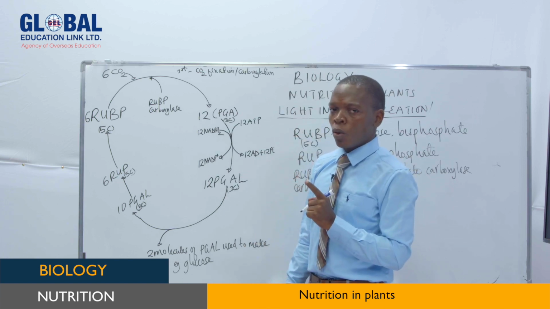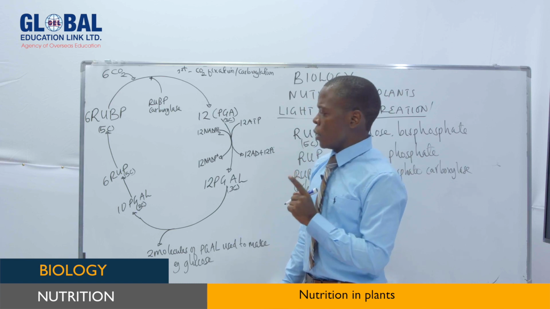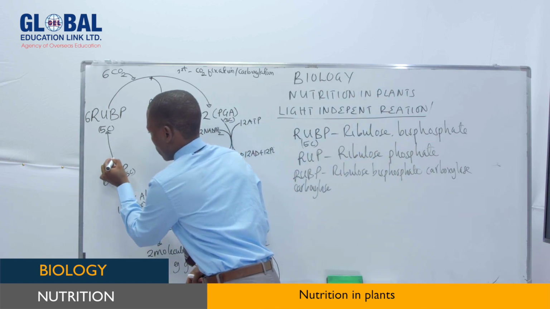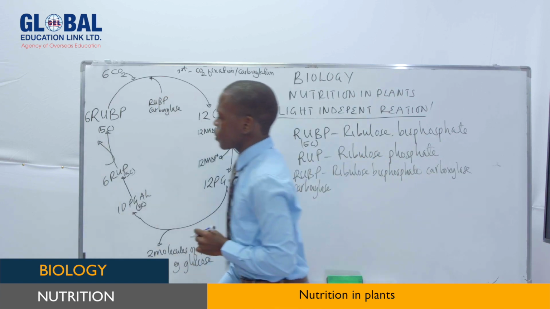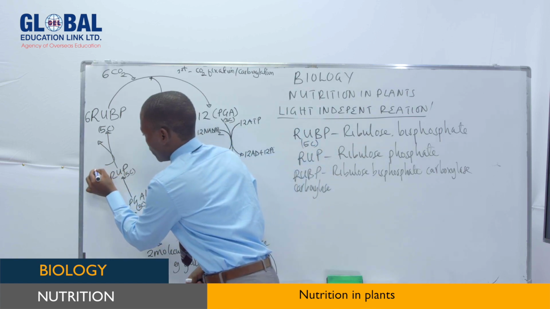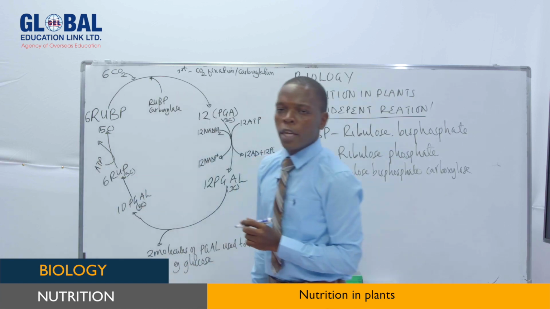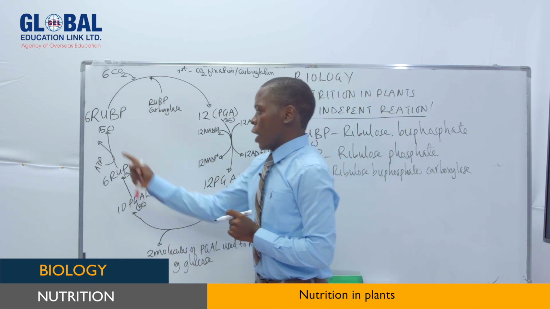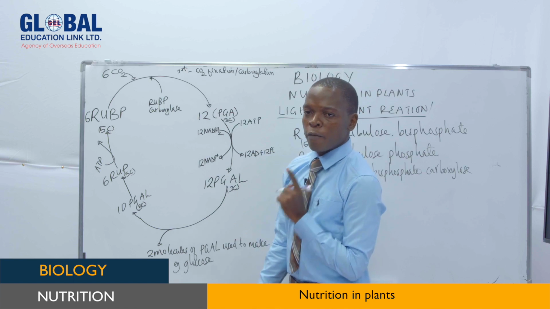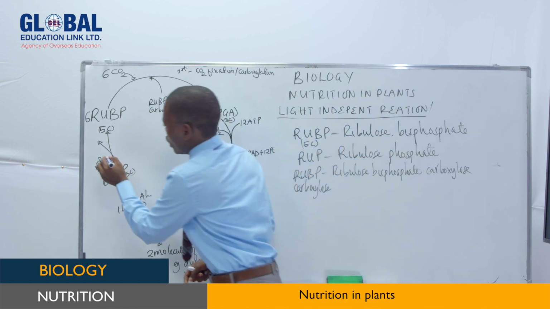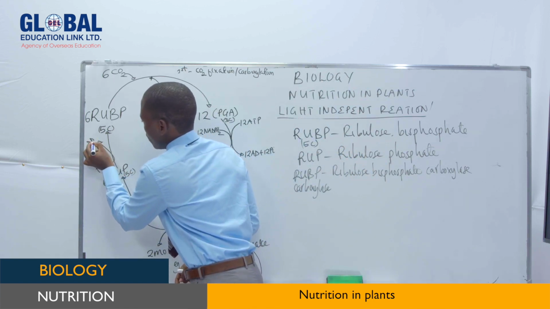This ATP is broken down. We need ATP. When this ATP is broken down, it provides a phosphate, and therefore forms ADP.